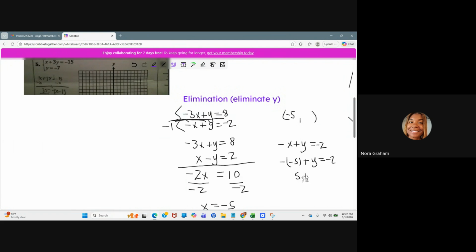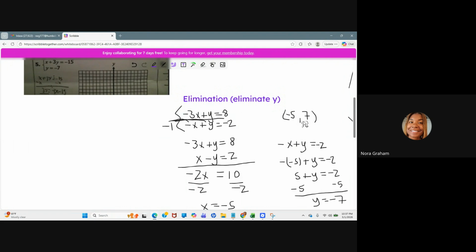So 5 plus y equals -2. I subtract that 5 from both sides because I want my y to be all by itself. And then I'm going to get y equals -7. All right. So we got the same answer by using elimination.